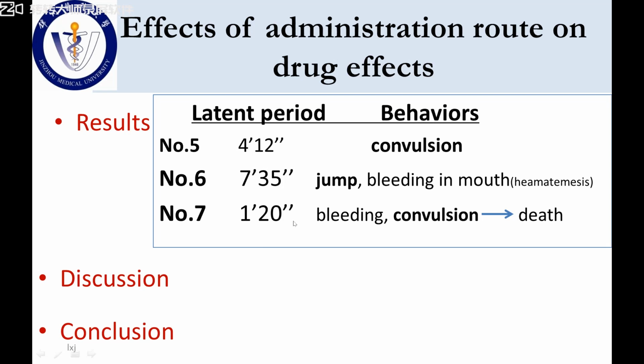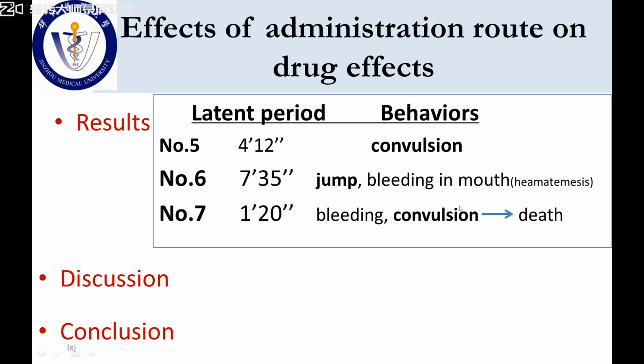It means by peritoneal injection, the drug is absorbed relatively faster, maybe fastest, and also is most. But number 6 is similar to oral administration, so the absorption is relatively slower and less. So that's why number 6 has the longest latent period, and the stimulant effect also is the mildest.